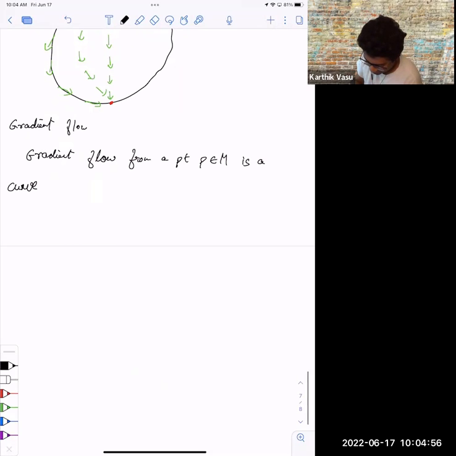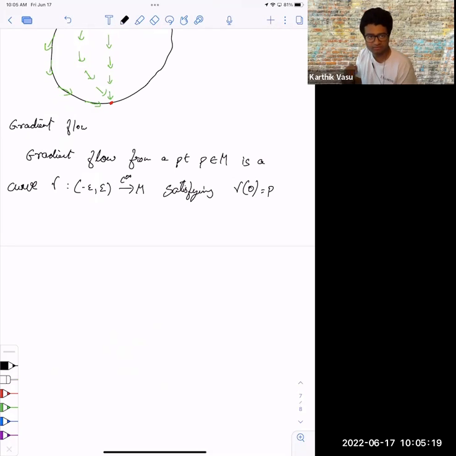It's a curve gamma, let's say from minus epsilon to epsilon, that is C infinity, satisfying, what do I want? I want its initial point to be at P. So you start at P, and you also have to satisfy a differential equation.